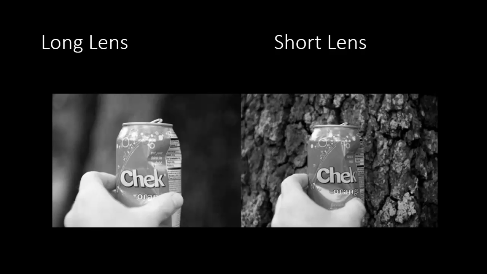And you can see too that by keeping the can the same size, again, you have to move far back for the long lens and quite close for the short lens, you lose focus, you lose depth of field. And also, it seems to make, not quite as noticeable as the face, the crinkles in the can more obvious.